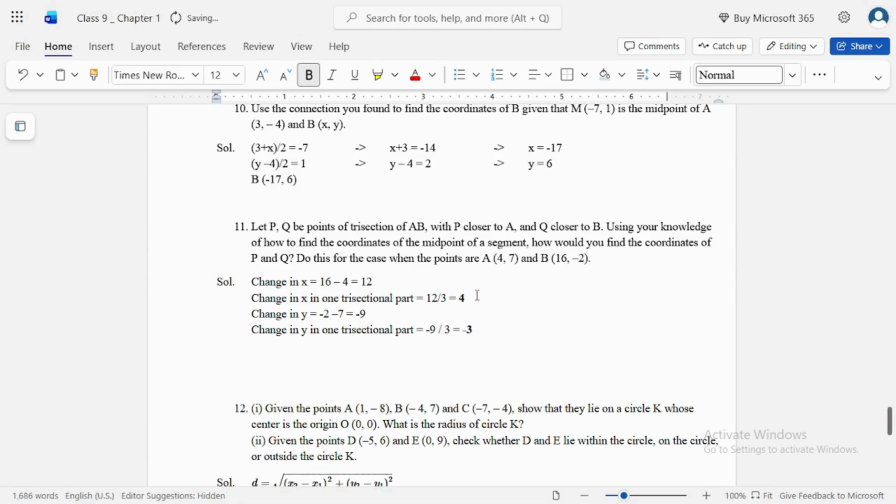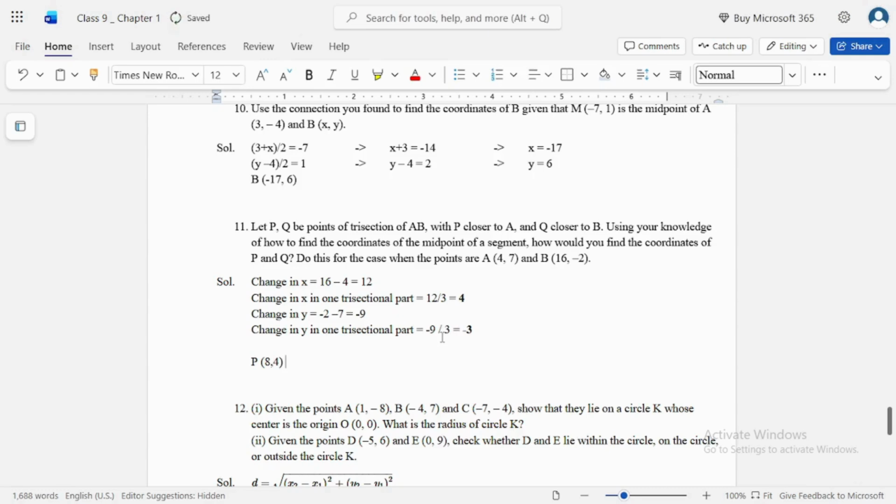So the first trisectional point, which is point P, we just need to add 4 and -3 to its previous point, which is point A. So point P will be this point A's x coordinate plus 4, so 4 plus 4 will be 8, and 7 minus 3 will be 4.